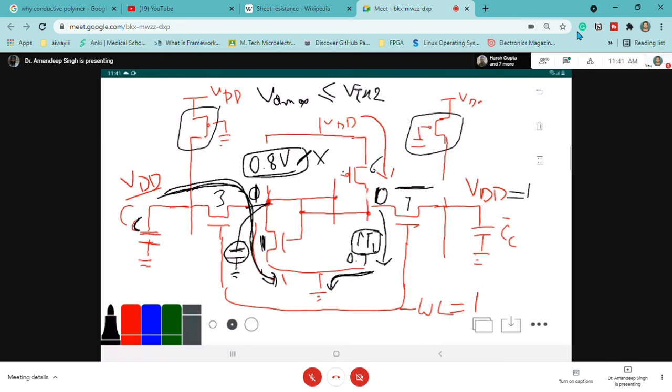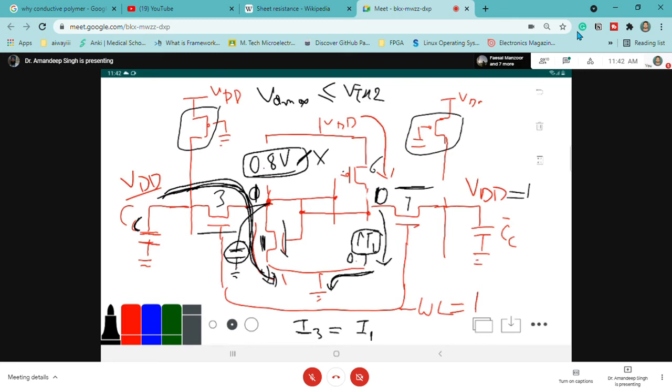This should be our purpose. Now, in order to find the W by L equation, what should we write? We know the current flowing through M3, I3, is equal to the current flowing through M1, that is I1. Whatever current flows through this is the current flowing through this, because the path is this one.